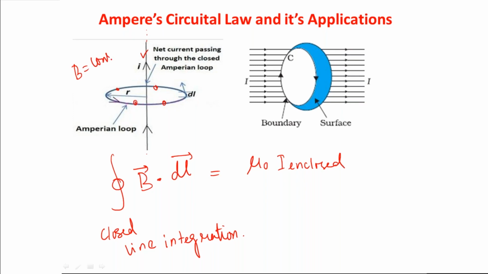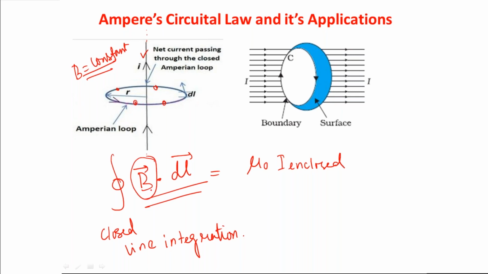If I take this point or this point or this point over this circular loop, the magnitude of the magnetic field will be constant. So that is one consideration.